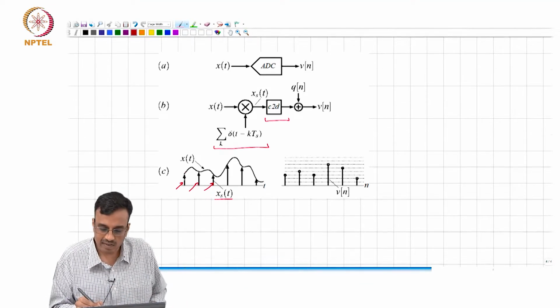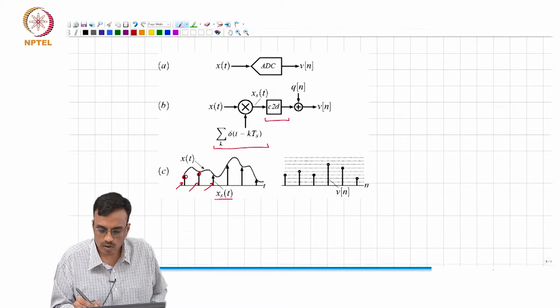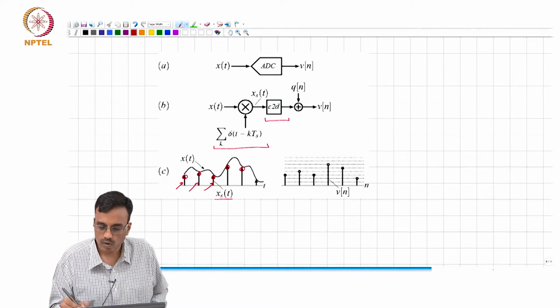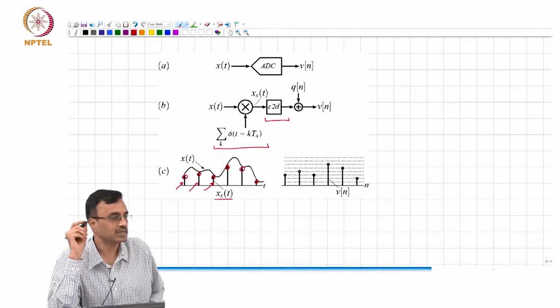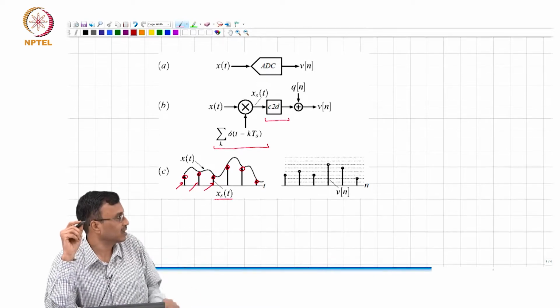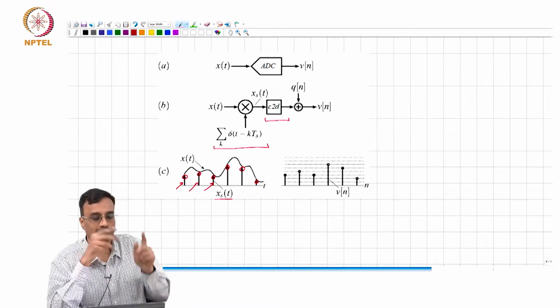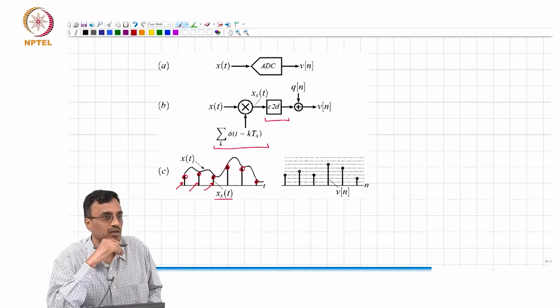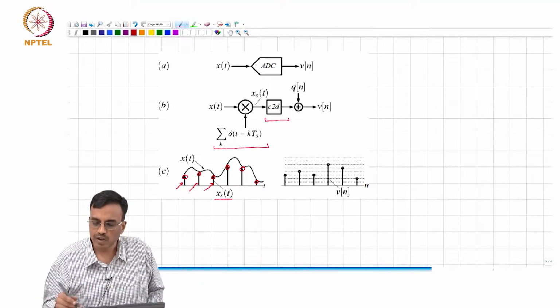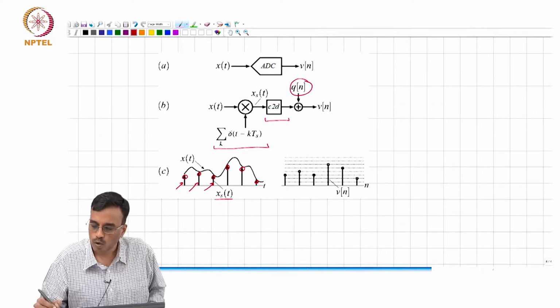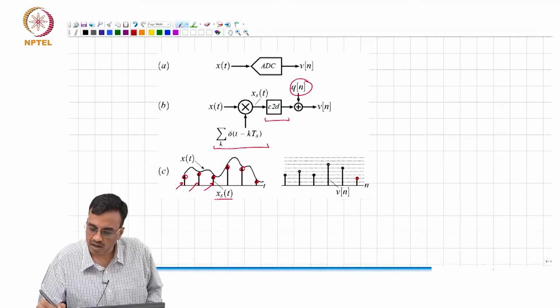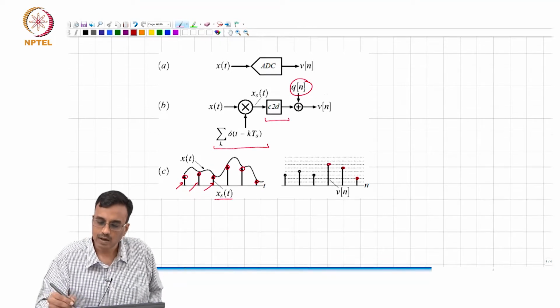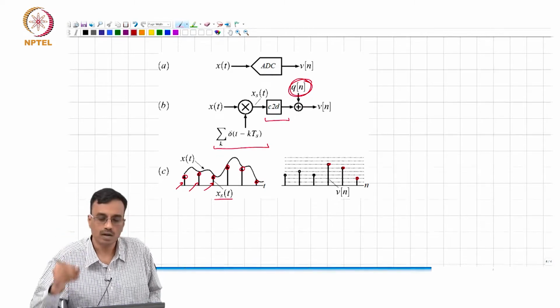We convert these continuous time Dirac impulses into discrete time Dirac impulses, where each discrete time impulse corresponds to the area of that continuous time Dirac pulse. And then once you get that, you quantize it to the nearest level, and therefore, there is some quantization error.